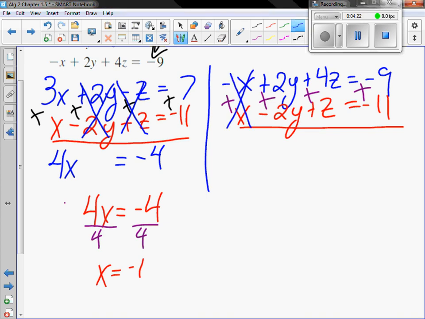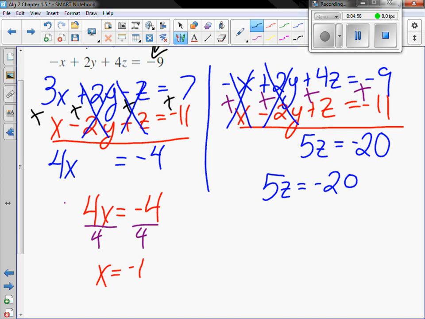It worked out. 2y plus negative 2y is also 0. 4z plus z is 5z equals negative 9 plus negative 11 is negative 20. Well, this worked out nicely, didn't it? Because we did one overall step, 2 steps if you want to break those apart. Now, we can solve for z by dividing both sides by 5.